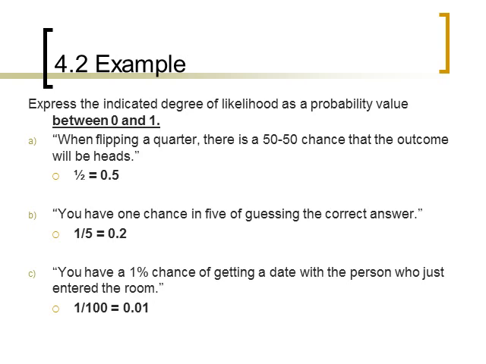And then finally, you have a 1% chance of getting a date with the person who just entered the room. So to convert this percentage to the decimal, a shortcut is to move after the number 1 two times. So we move 2 times to the left, which causes us to put a 0 in front of the 1, so we get 0.01.